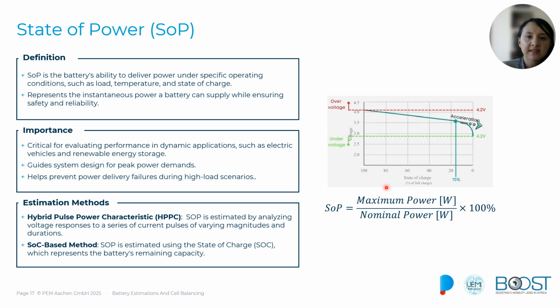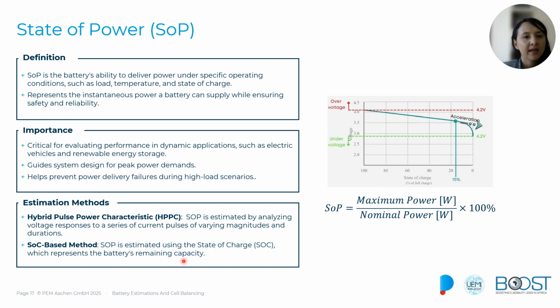A battery that has a higher internal resistance will have a lower power capability because it will generate more heat, and it will be less efficient than a battery that has a low internal resistance.